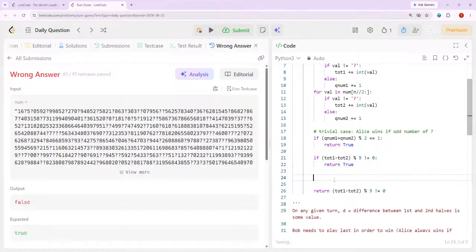But then if it is a multiple of 9, then whichever side has more, like more left over.